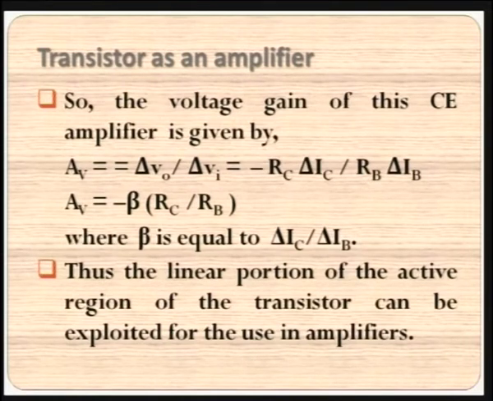As I have already mentioned, in the active region, the transition is happening from the cutoff to saturation or saturation to cutoff, but that change is very linear over a particular range. If we are able to keep the transistor in that linear range, then the transistor could be used as an amplifier. That is what we have seen now.